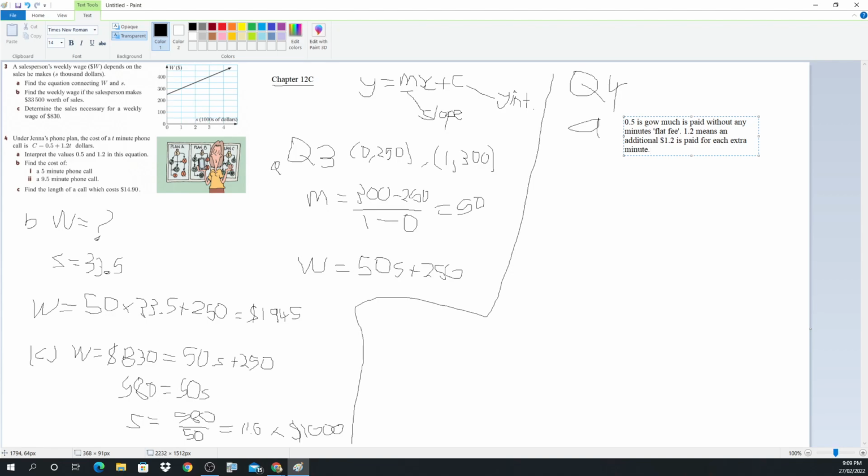Okay, so that's how you interpret that. At least in terms of the context of the question, I think it should be answered in that sort of way, and not just in terms of the features of the graph, because it's a problem-solving question.